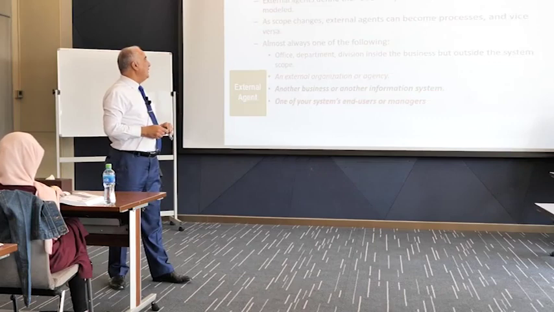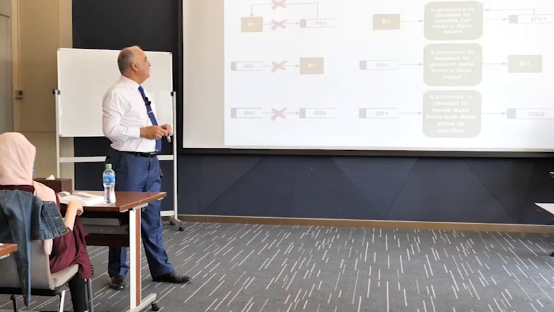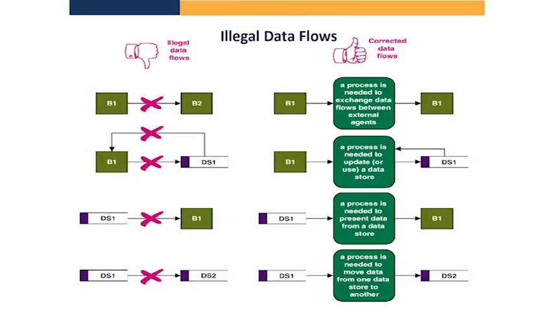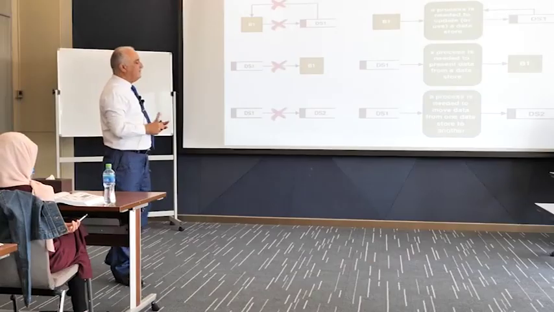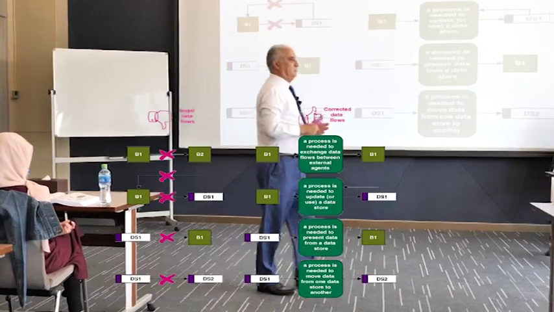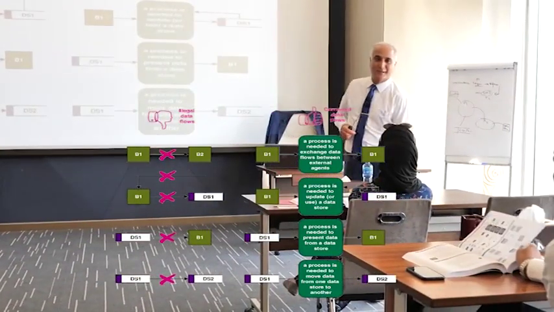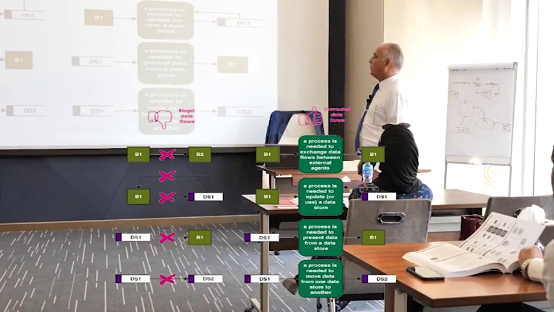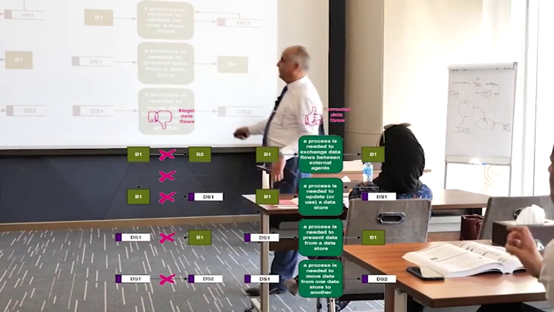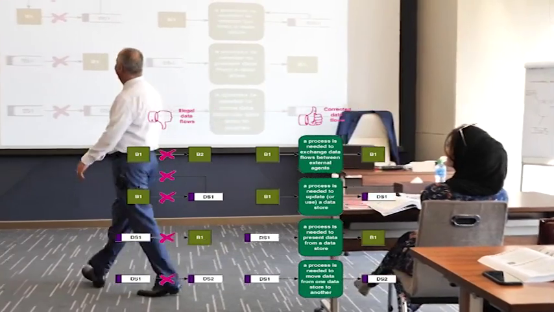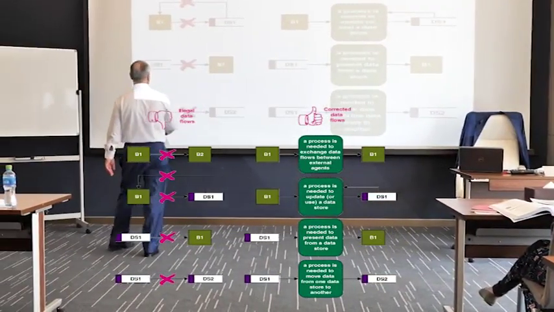We discussed external entities, we discussed data. This is another one. I bring this sometimes to my students in exams. I don't bring it for you guys, there is no exam.